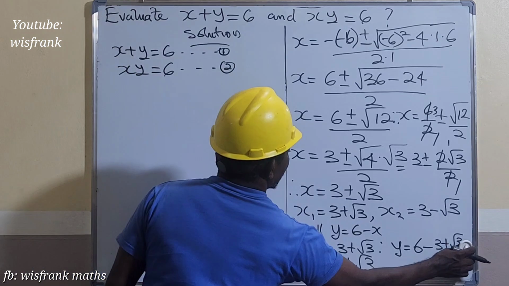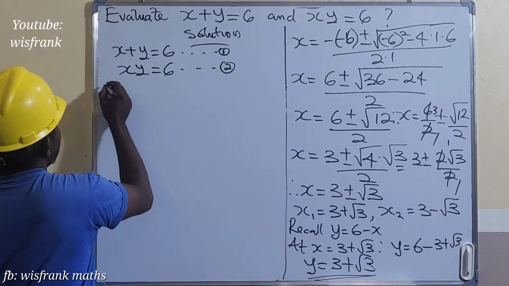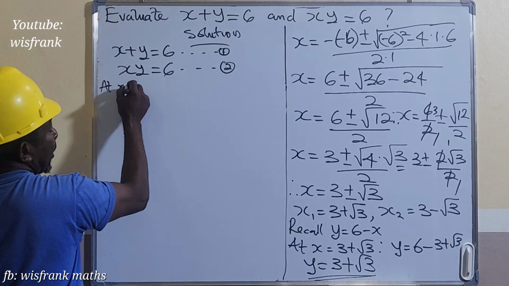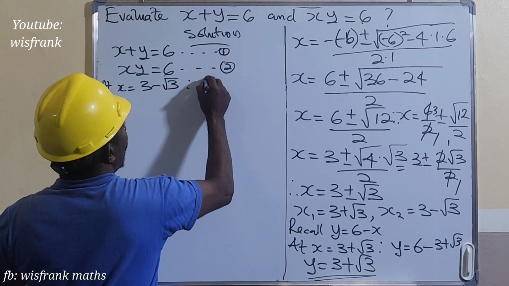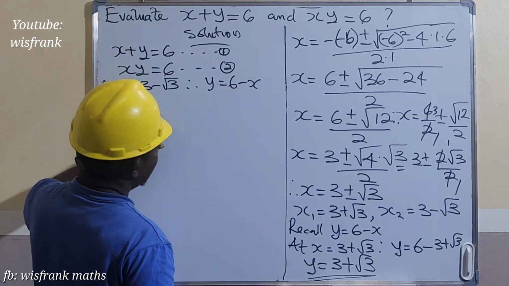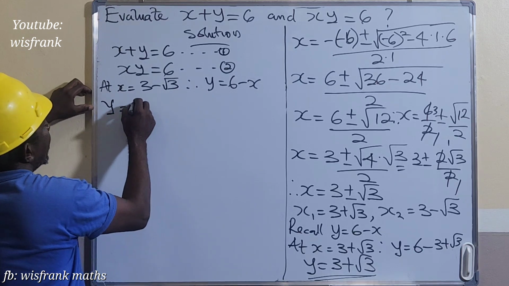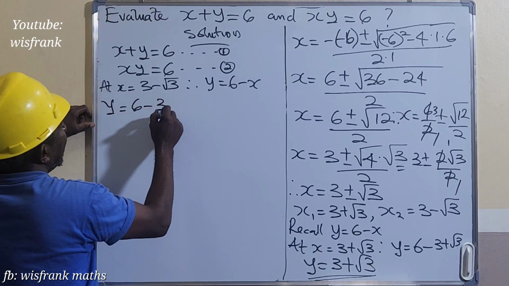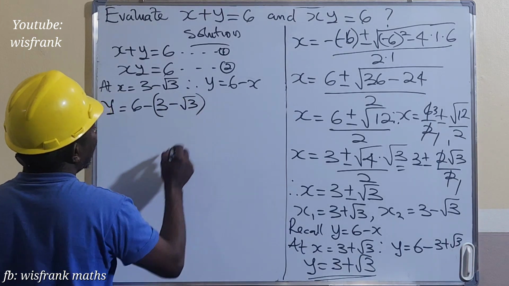Then for the second one, we need to clean this. At x equals 3 minus root 3, we have y equals 6 minus x. So our value of x is this. We have y equals 6 minus (3 minus root 3).